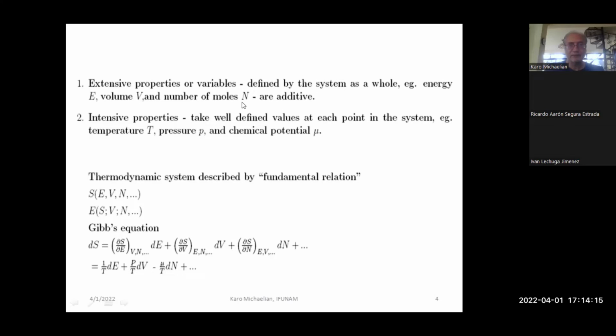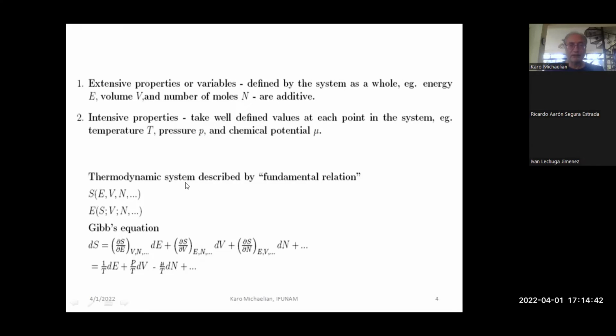So they're always additive in this sense, and the number of moles the same and the volume the same. But there are also intensive properties, and these take on well-defined values at each point in the system. Some examples are temperature, pressure, and chemical potential. We'll see how these intensive variables are in fact related to the extensive variables in the following.